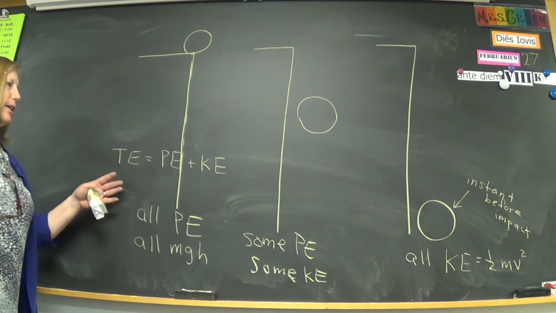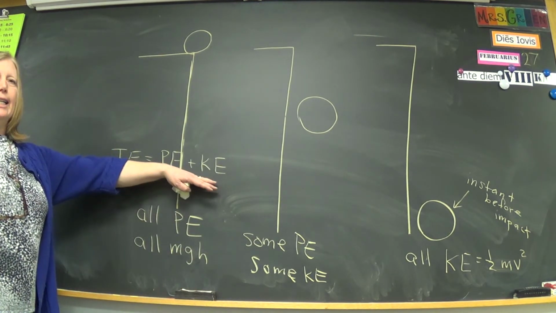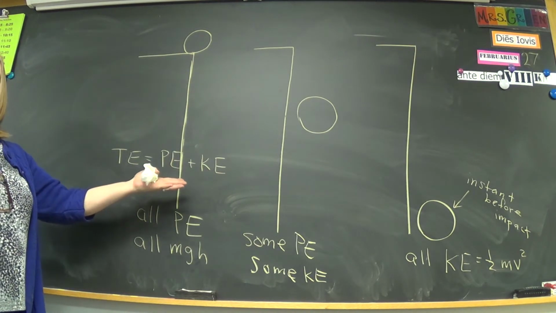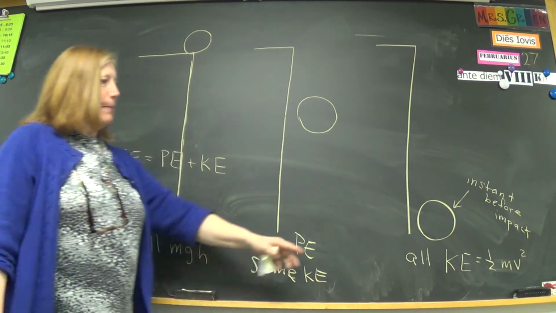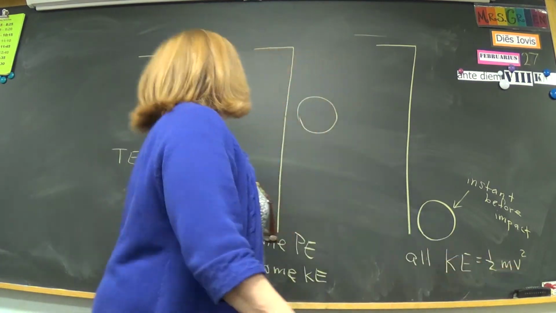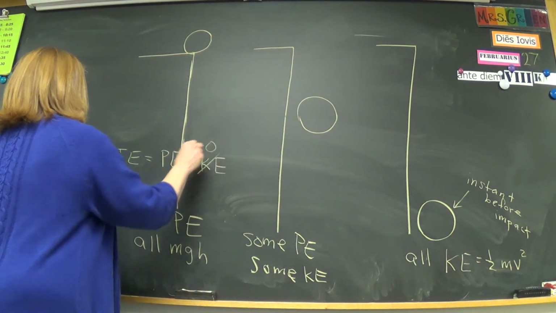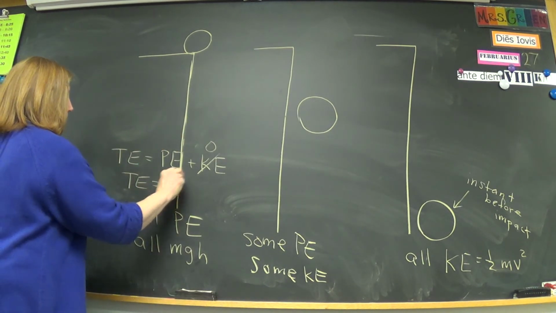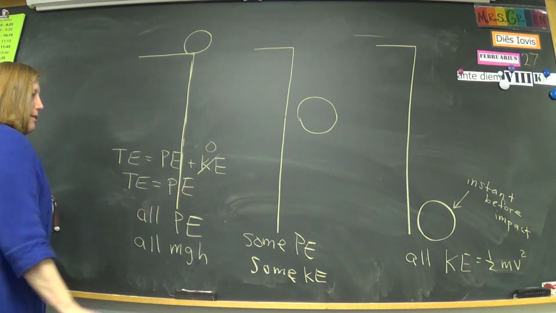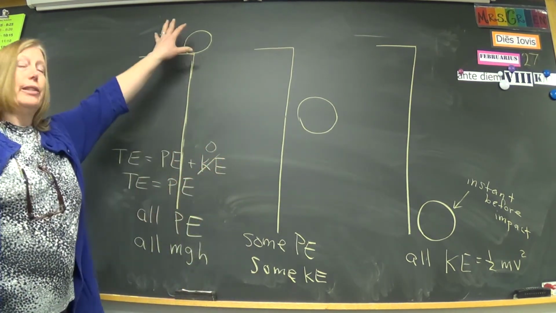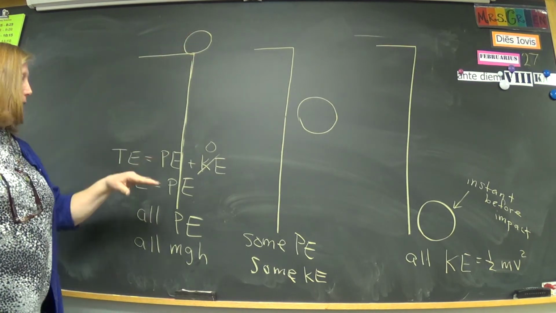But in this particular spot, what is KE? It's 0. There is no kinetic energy because you have to have a velocity to have kinetic energy. So at the beginning of the story, the total energy is all potential. That's interesting. So if I needed to calculate the total energy and this was still, then I could go right here and get it.